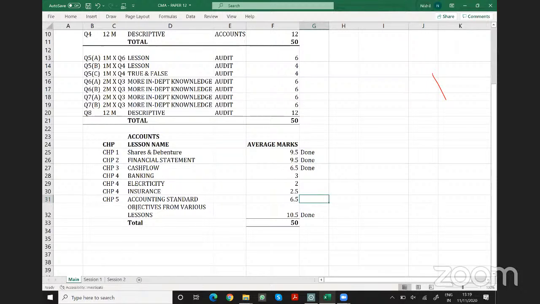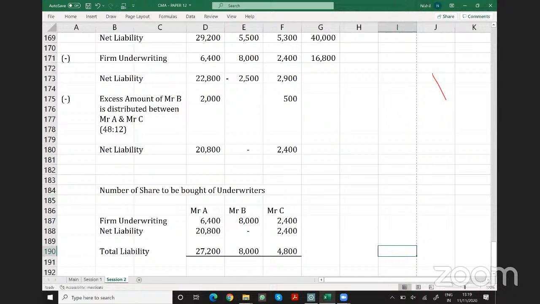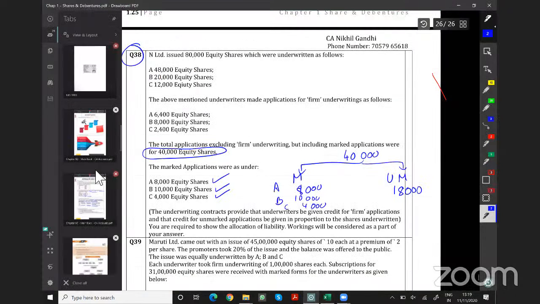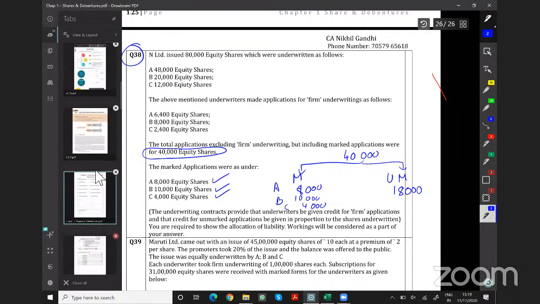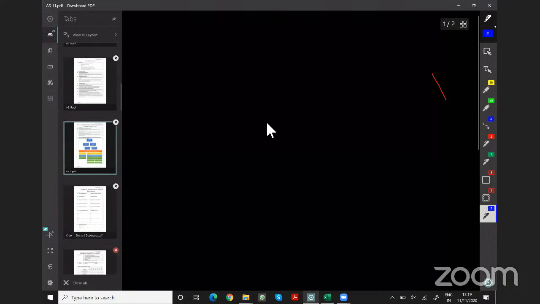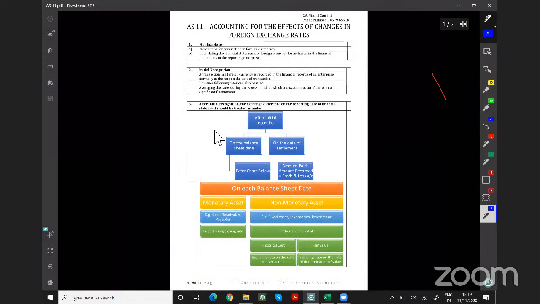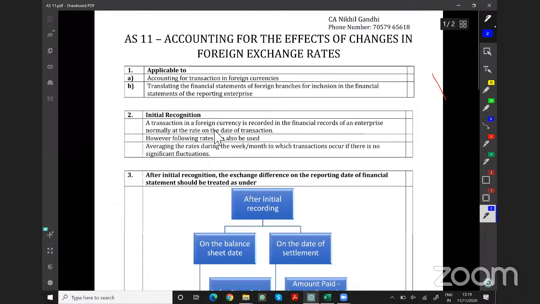So first, we will jump to accounting standard 11, accounting for the effect of change in foreign exchange rate.